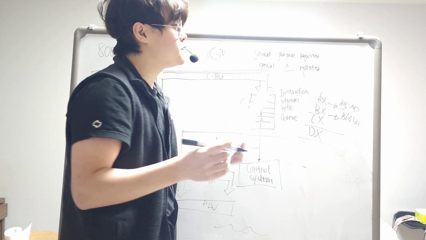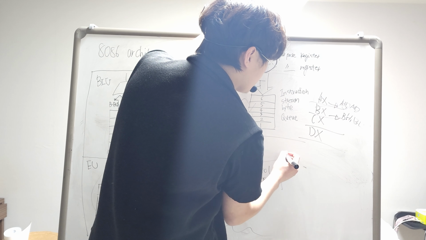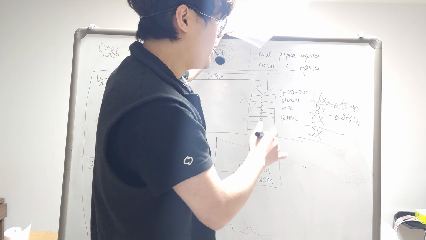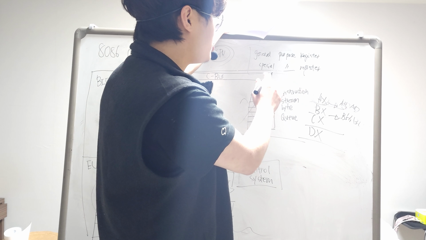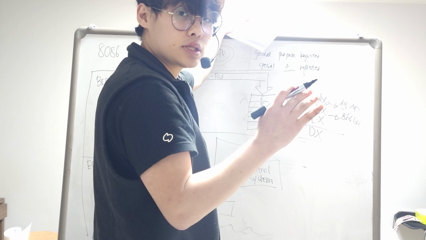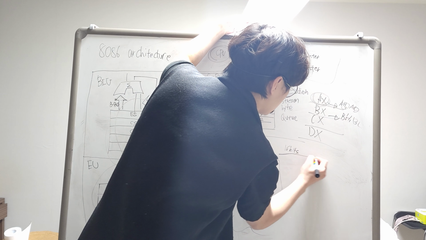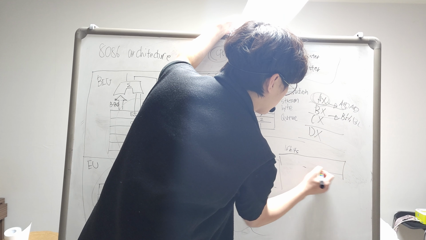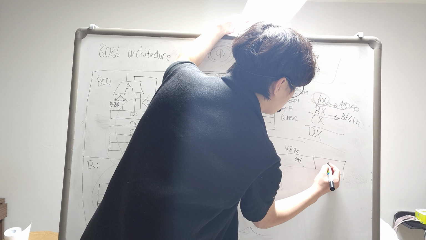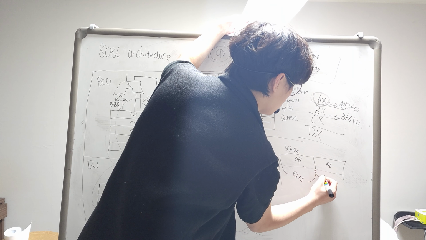Let me try to give you a drawing of it. The size of AX, BX, CX, or DX, these general purpose registers, is 16 bits. And within the 16 bits, there is AH and AL, 8 bits and 8 bits.